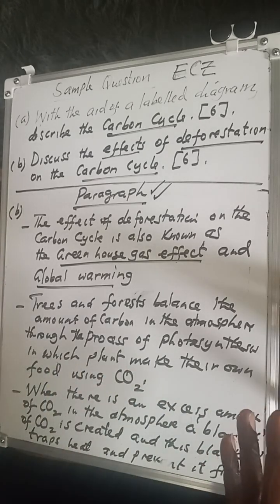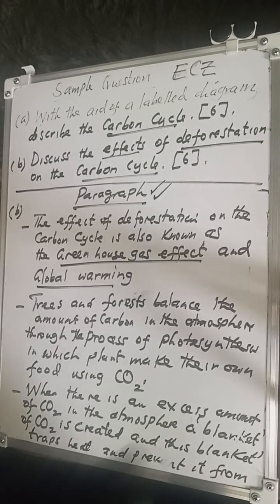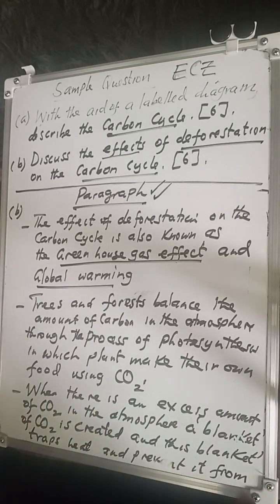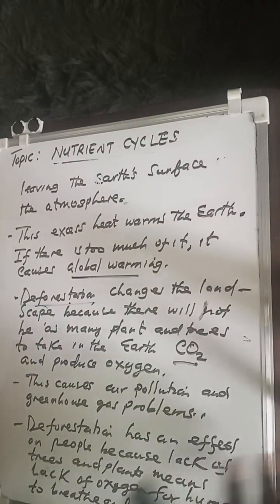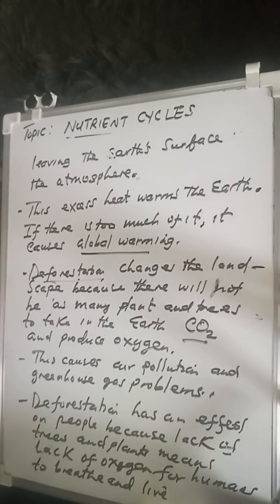If trees have been cut down, plants will not be able to absorb and reduce the amount of carbon dioxide in the atmosphere. If there is an excess amount, it creates a blanket of carbon dioxide that traps heat and prevents it from escaping the Earth's surface, and that causes temperatures to start rising, which leads to global warming.